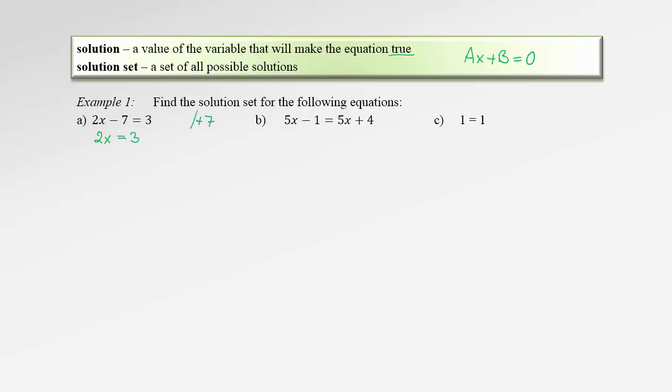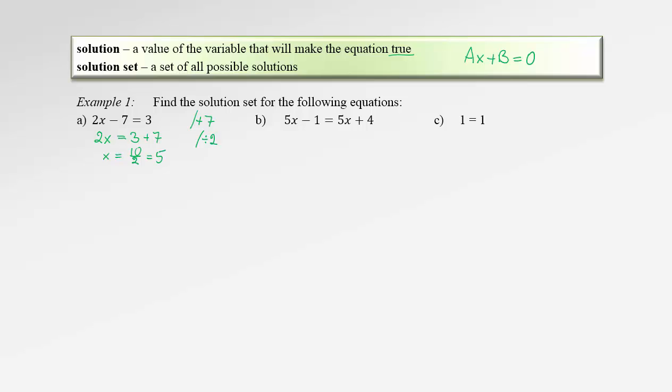So when we add 7 on the left, this -7 will be cancelled, and on the right the 7 will be added, so we end up with 2x equals 10. And now it's enough to divide both sides of the equation by 2, so x would be 10 over 2, which turned out to be 5.